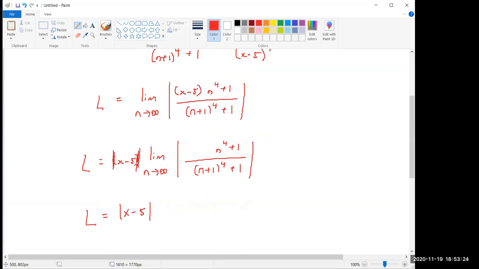According to the ratio test, what is the requirement for it to converge? So the ratio test states that it only converges if your limit is less than 1, okay? Which means we need to figure out where our limit is less than 1. So we need to solve this inequality here.